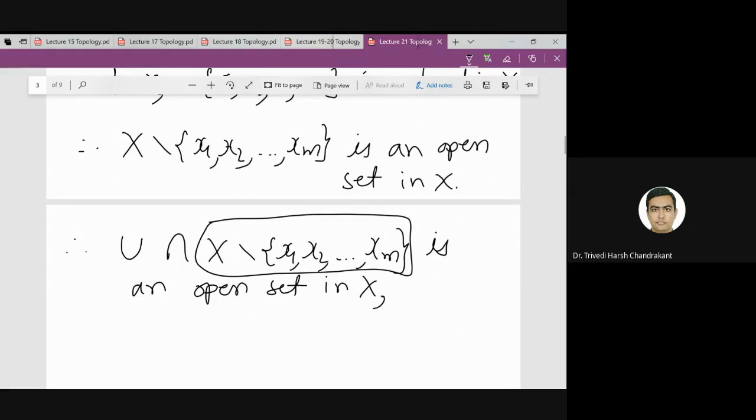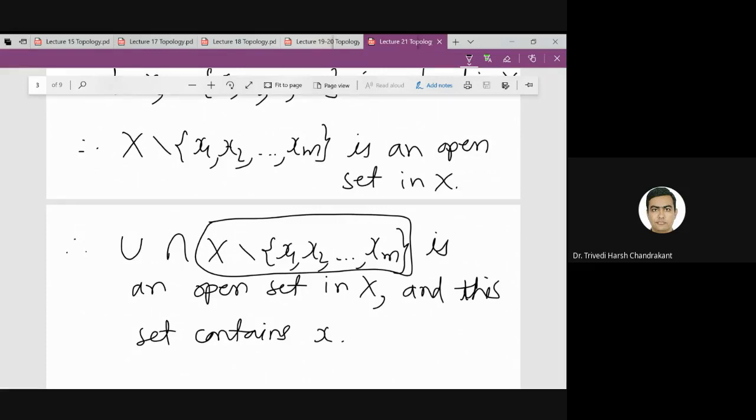So not only this, the set contains X. So this is an open set which contains X. That means it is a neighborhood of X.